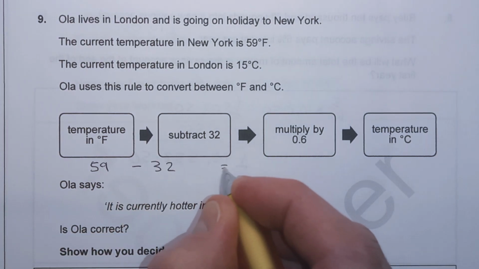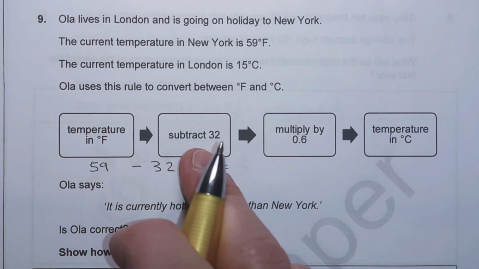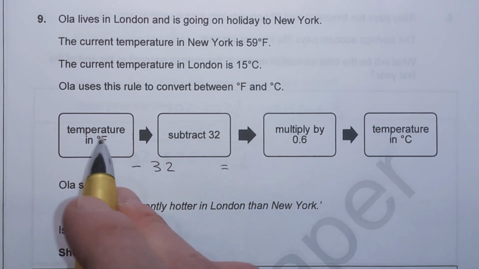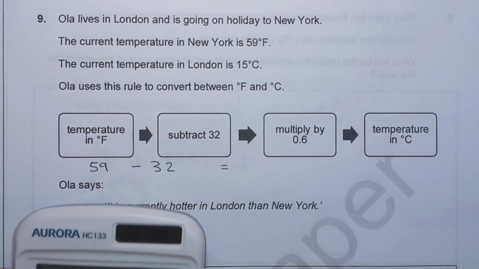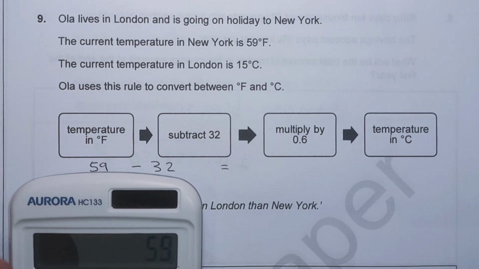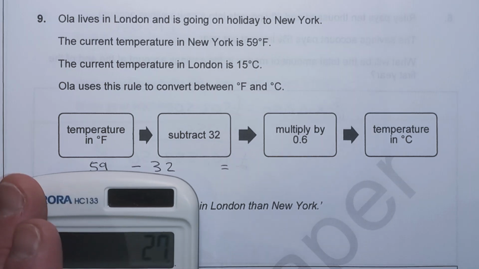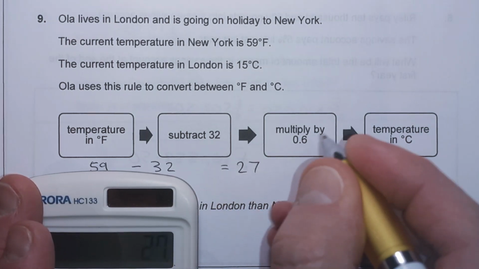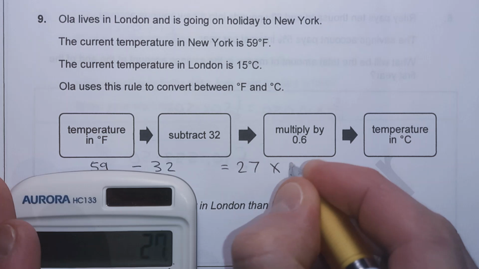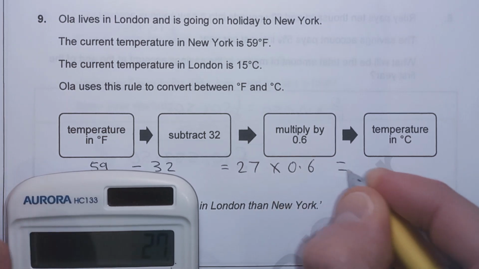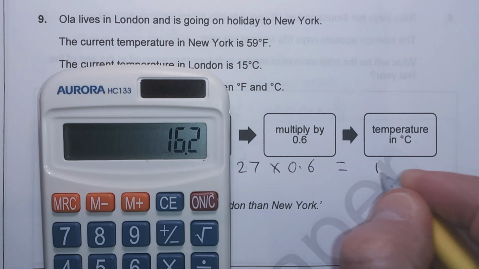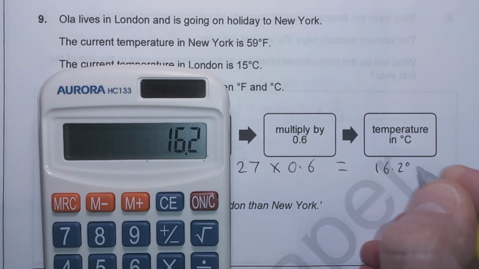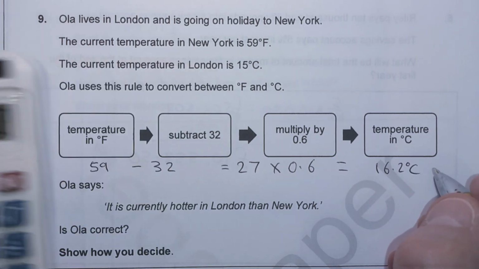32. Now we've got to do one step at a time on this. We're not doing order of operations, just do it in the order that they've given. So we're going to have 59 minus 32, and that gives us 27. Then we're going to multiply the 27 by 0.6 to give us 16.2 degrees Celsius.